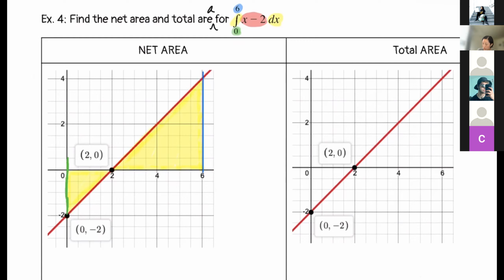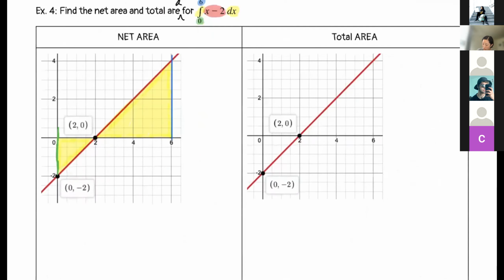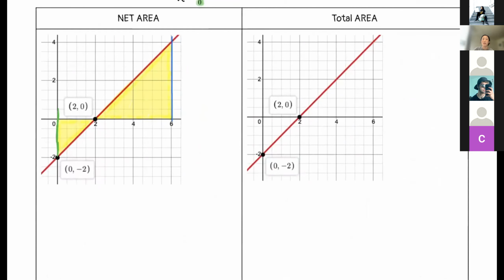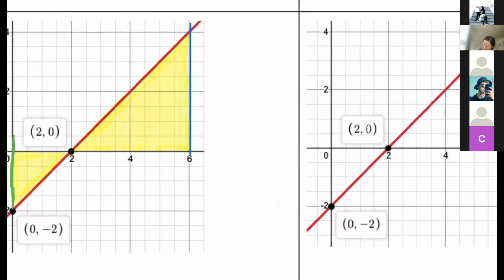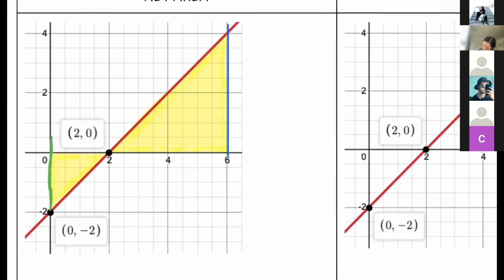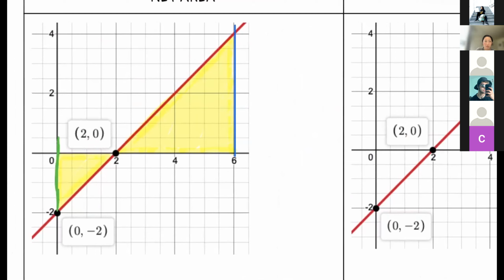Now let's use a little geometry to help us out here. If we go ahead and find the area of this big triangle, we would get, let's see, 1/2 times 4 times 4 is 8. Is that correct? We're getting an area of 8 for this big yellow triangle.